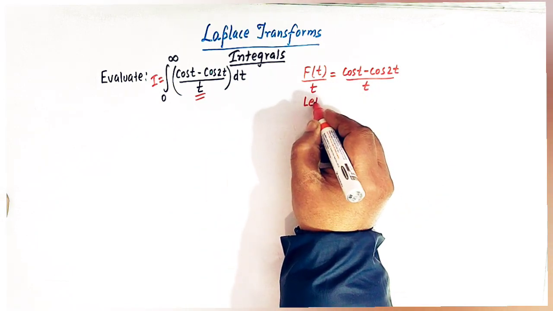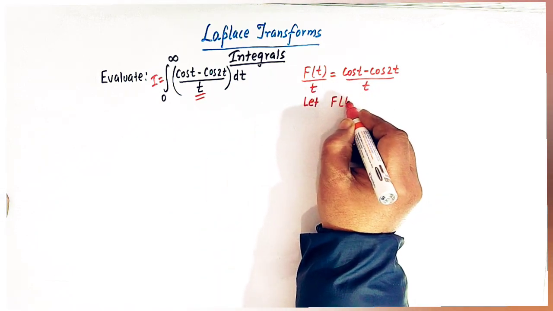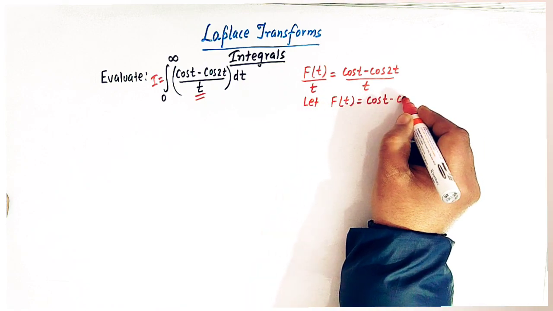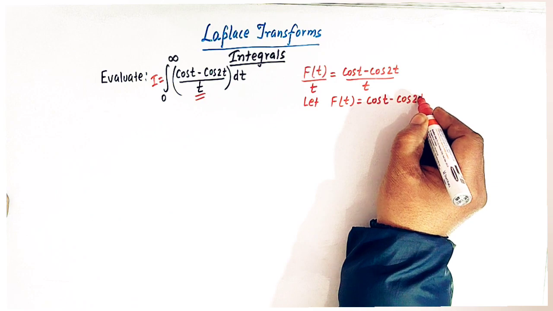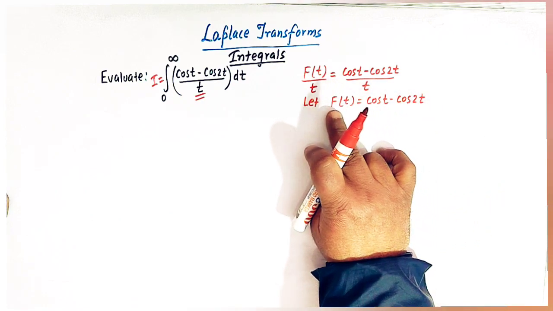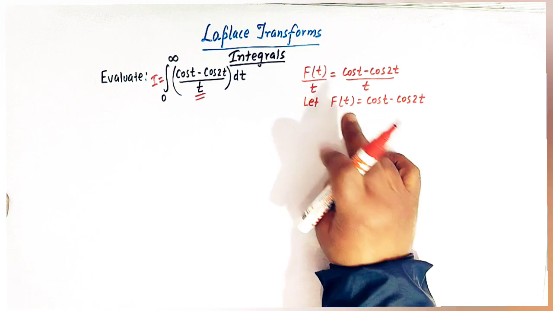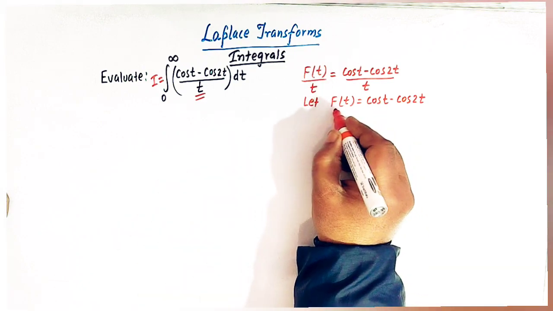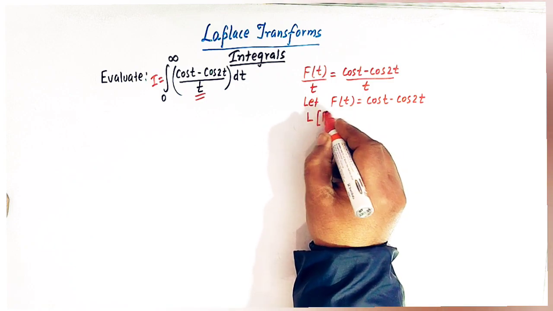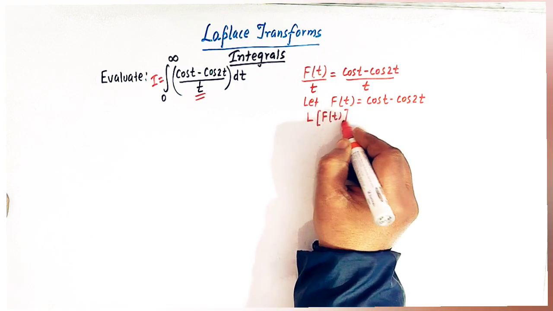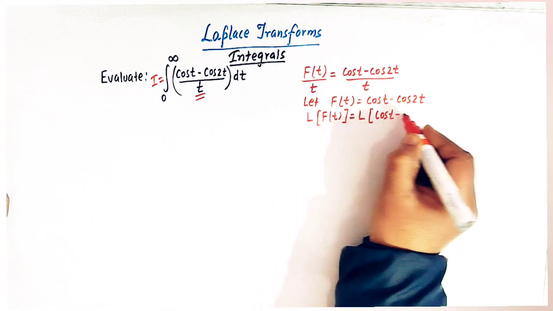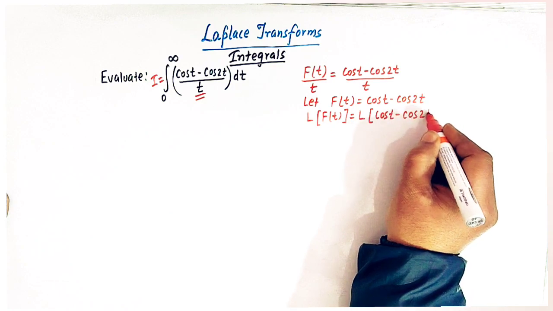So we'll assume f of t as cos of t minus cos of 2t, right? And then we'll find out the Laplace transform of this function f of t. So the Laplace transform of f of t is L of f of t, and then we have L of cos of t minus cos of 2t.